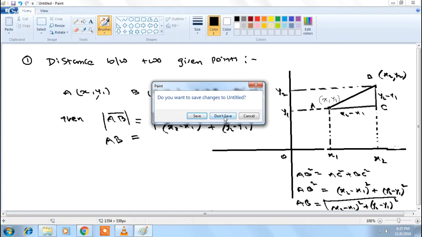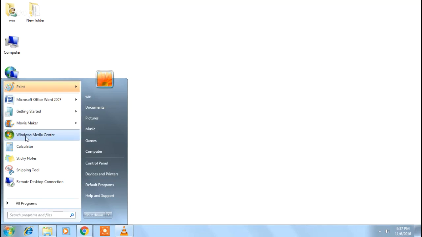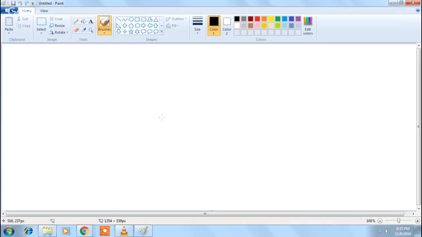Okay, now we have an idea of how to calculate the distance between two points.